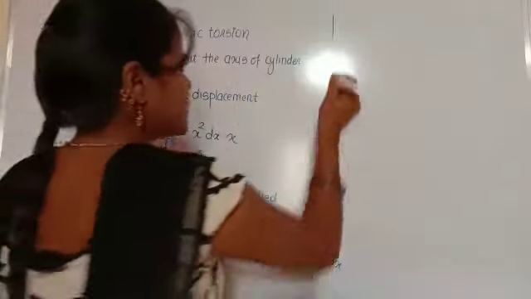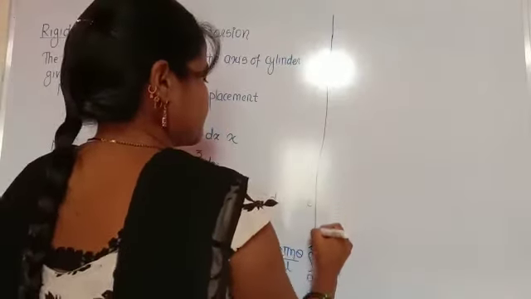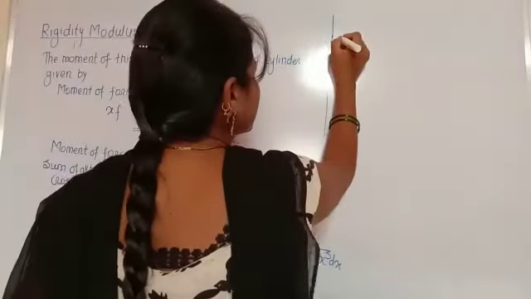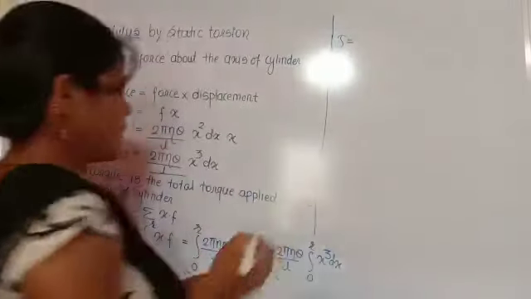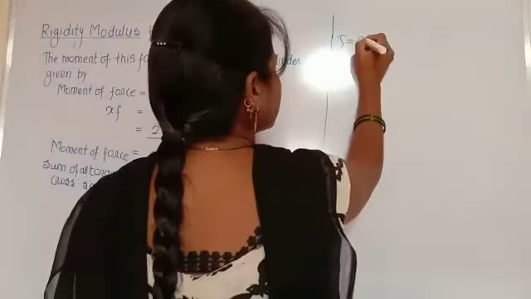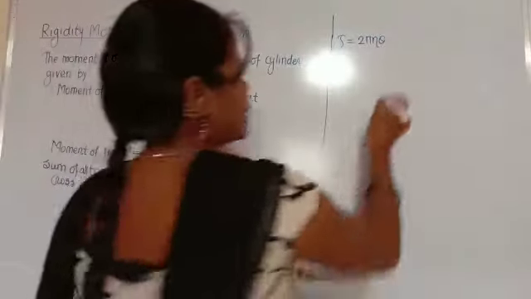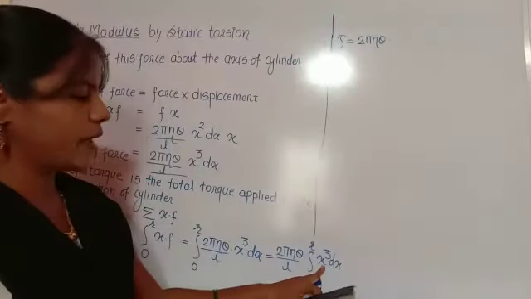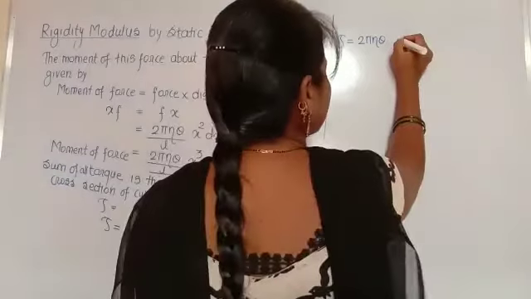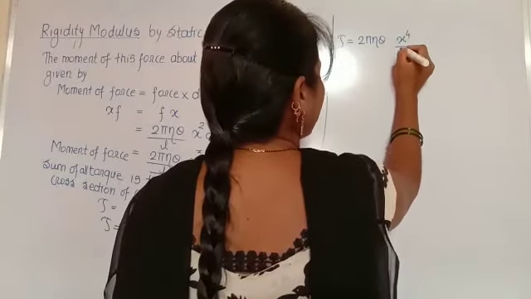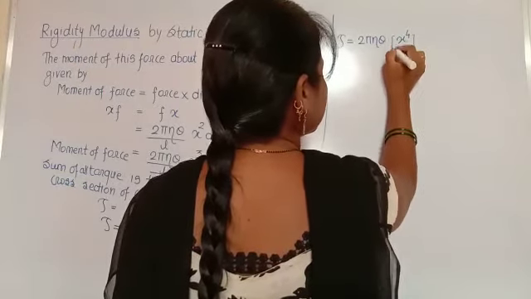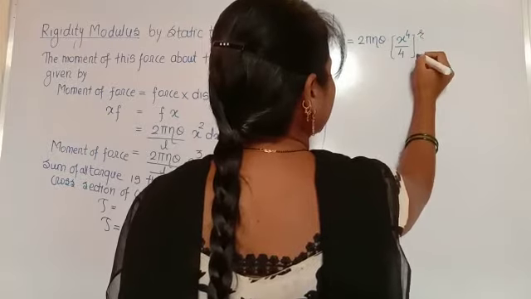Torque is equal to this constant term, twice pi eta theta divided by L, into the integration of x cube into dx, that is x to the power 4 divided by 4 with the limits 0 to R.